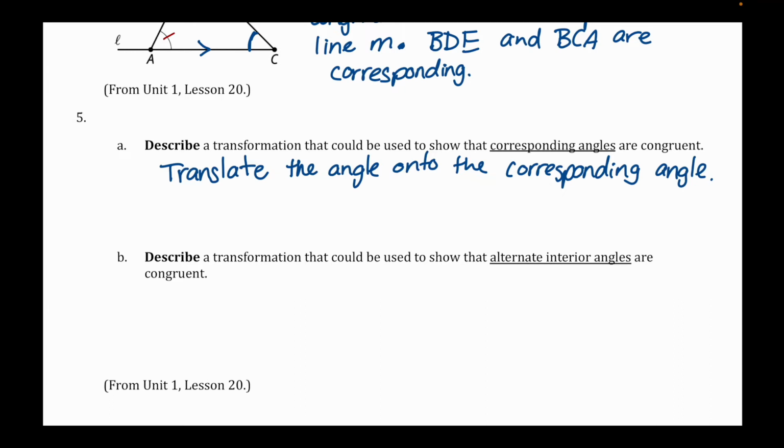So the transformation showing alternate interior angles. I would use a rotation, but I'm going to be a little bit more specific.